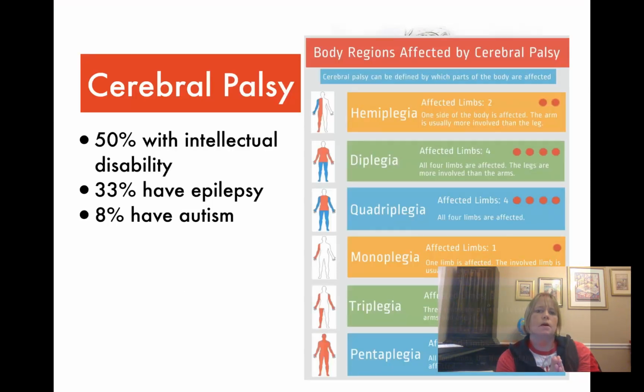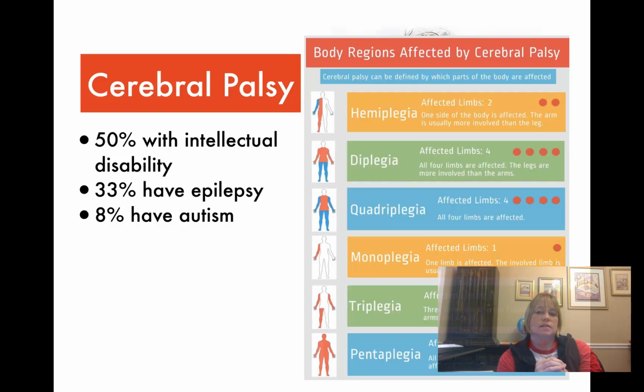When we look at cerebral palsy, 50% of our kids that we have diagnosed with cerebral palsy also have an intellectual disability. So sometimes that group of students kind of falls in that multiple disability category as well. 33% may have epilepsy, which is a seizure disorder, and then 8% have autism.